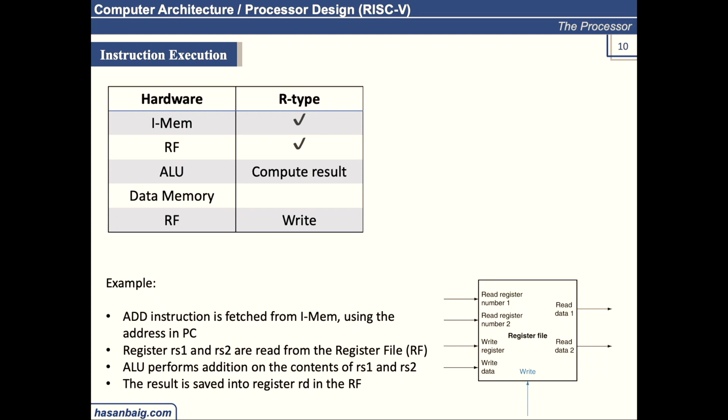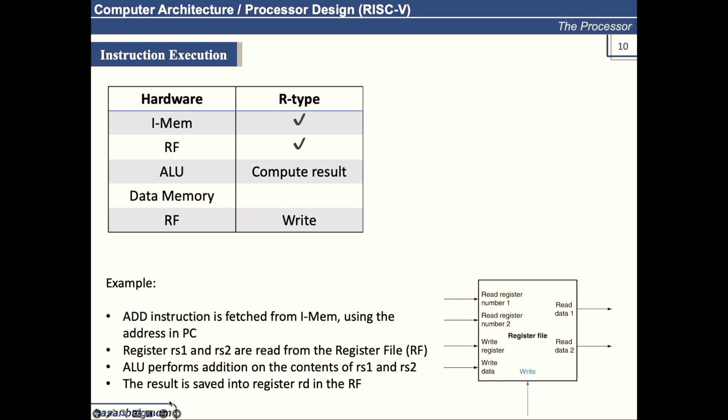To execute that program, the PC, the program counter, points to the first instruction. Let's say the first instruction is at address 100, so the PC contains the value 100. It fetches that instruction and increments by 4 to execute the next instruction.